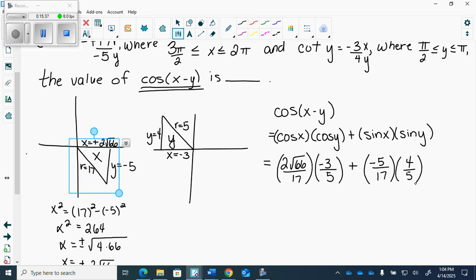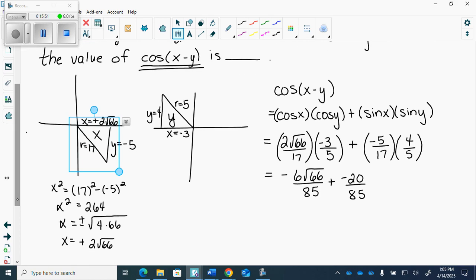So we're going to get negative 6 root 66 over 85 plus negative 20 over 85. And so we get negative 6 root 66 minus 20 over 85.